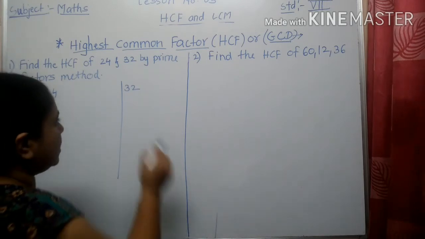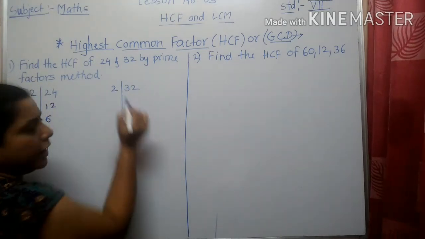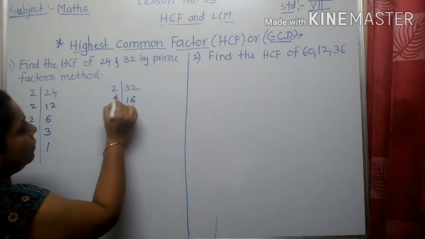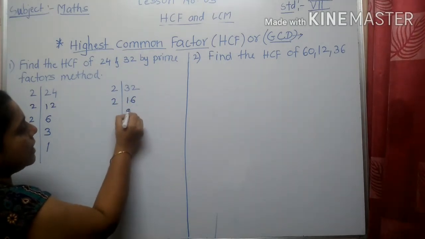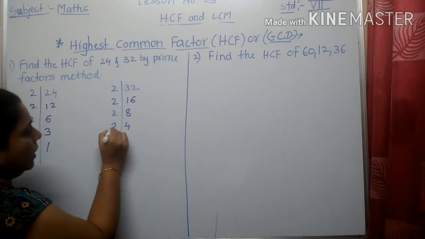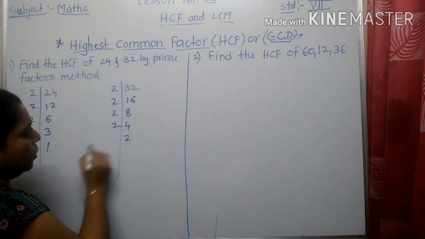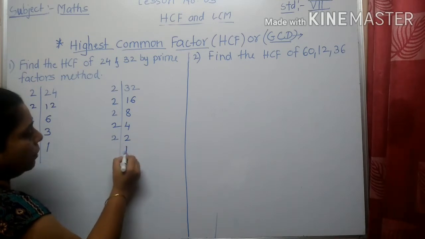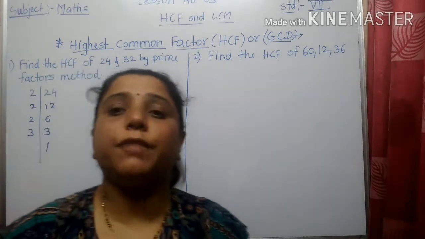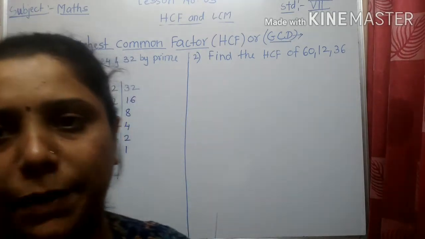Now how to factorize 32? First I will write 2. 2 16s are 32, 2 8s are 16, 2 4s are 8, 2 2s are 4, then 2, 1. Both the numbers we factorized with the help of the vertical arrangement.